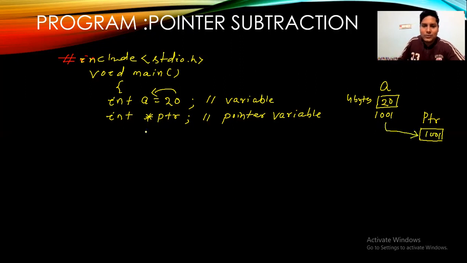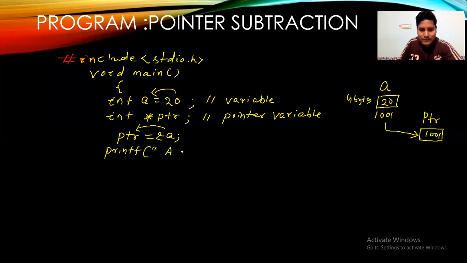So when I declare ptr = &a;, the address of a will be assigned to ptr. Now I would like to see the address of a, so I want to print using the printf function.